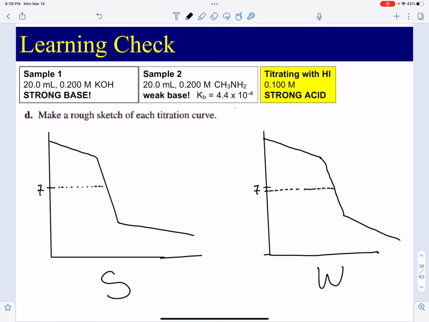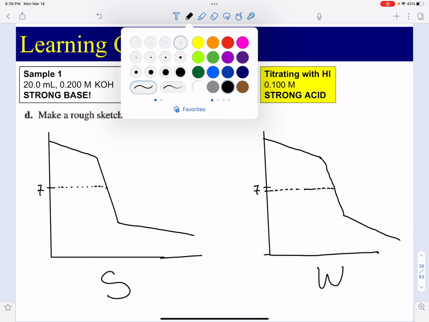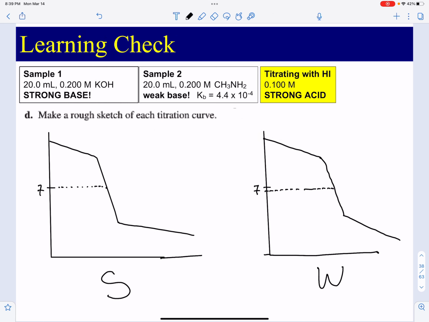So we know that the equivalence point, let me fix that for a second. We know that the equivalence point is going to happen around 40 milliliters for both of them.